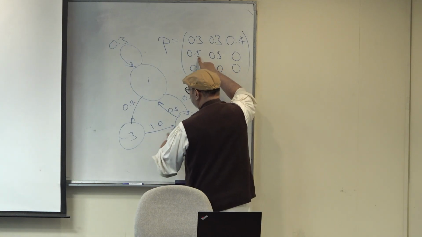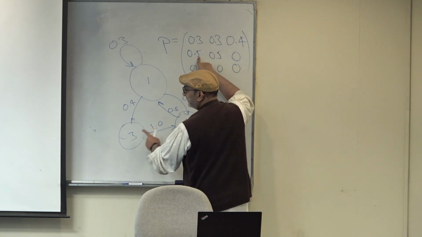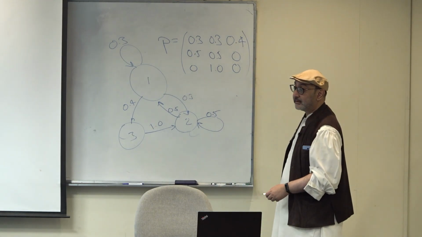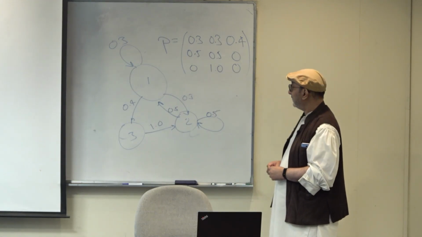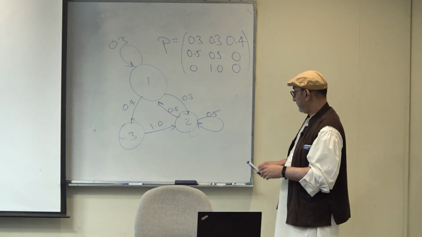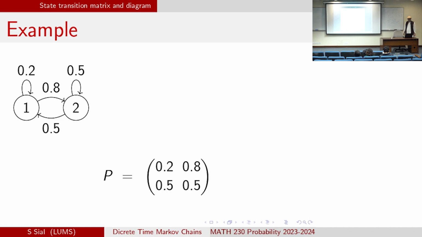And you cannot go from the state 2 to the state 3, so that is 0. So the row sum must be equal to 1. Yes.